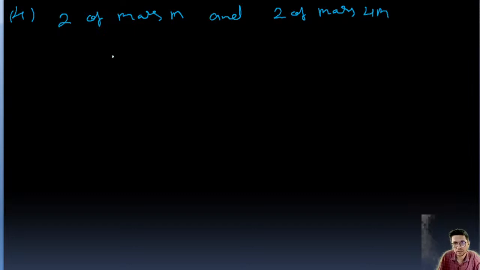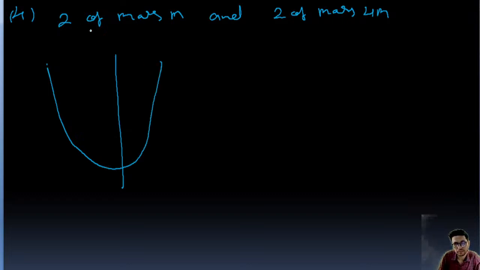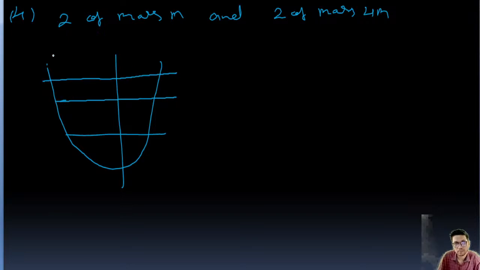Two of mass m and two of mass 4m, right? For this, again we'll make the energy levels.